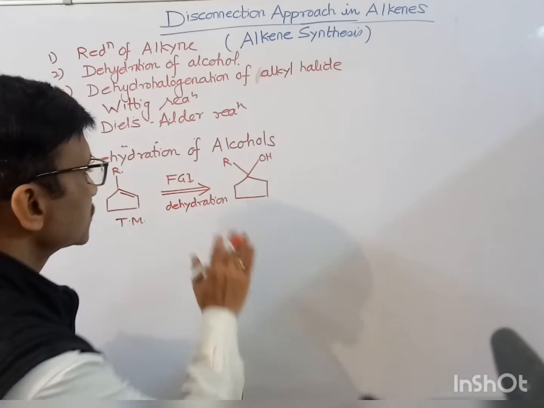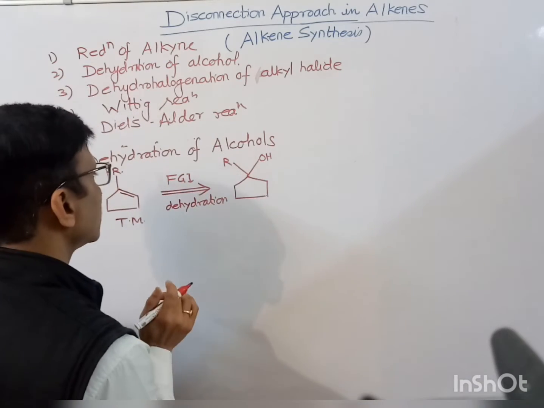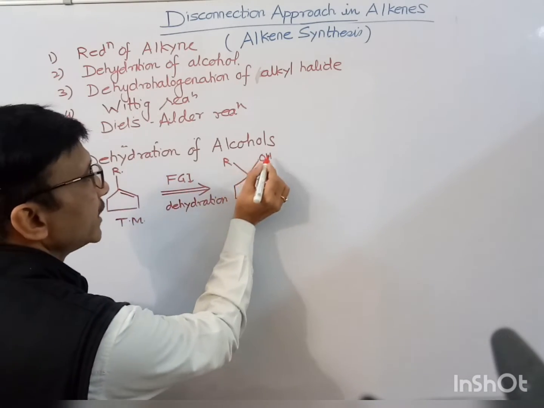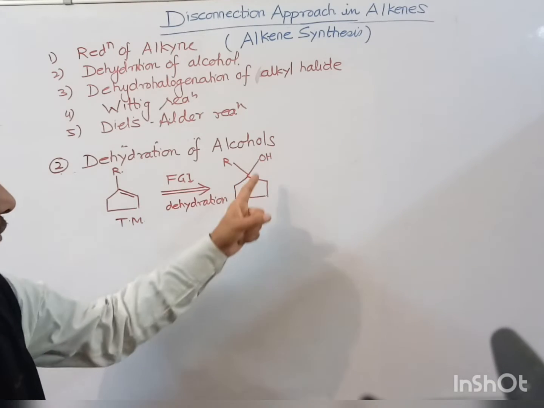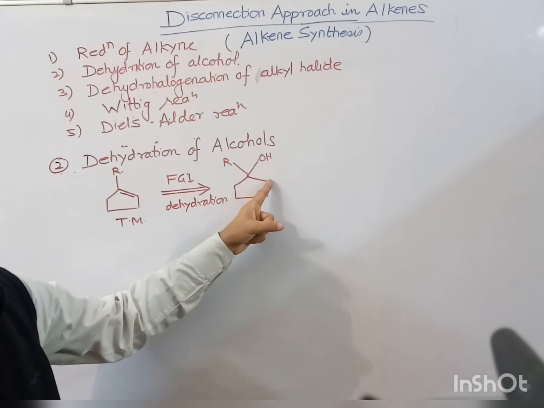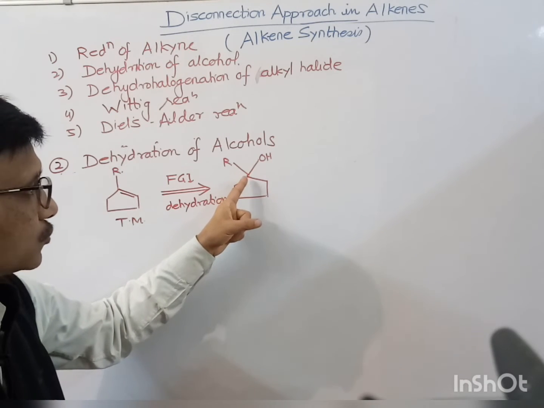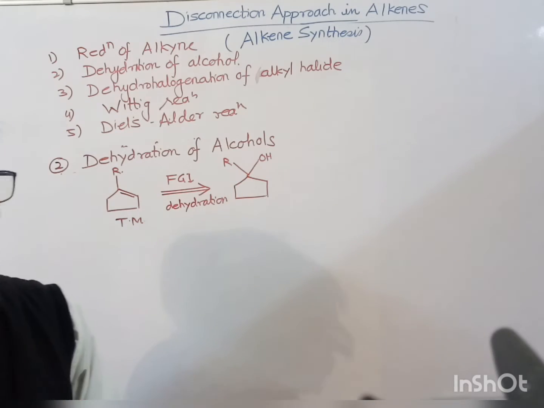Okay, so after this FGI you have this alcohol. Suppose if you are adding this OH over here, then you are adding the OH on the secondary carbon. So the preferred way is to add the OH over this tertiary carbon.